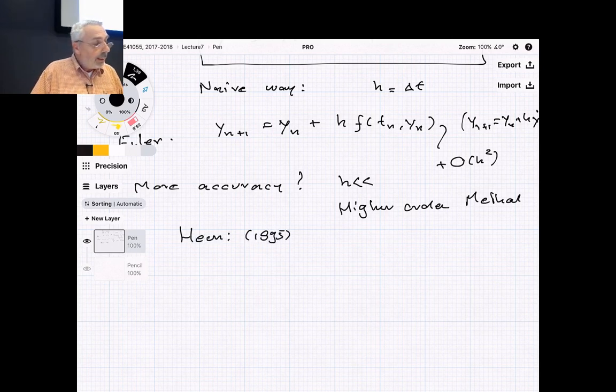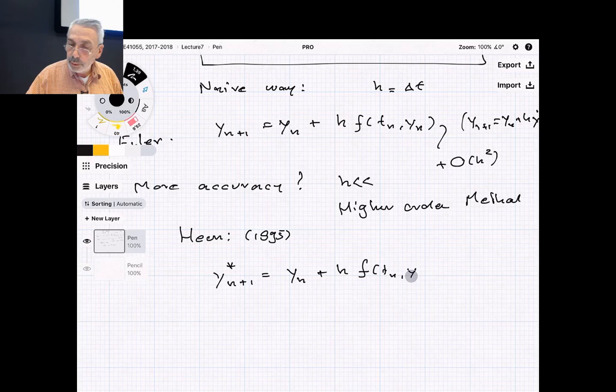He said, well, the first step I'm going to do is just use this Euler step. So I take this approximation, what do I write? Function value f(tn, yn). But I put an asterisk there because it's an approximation.